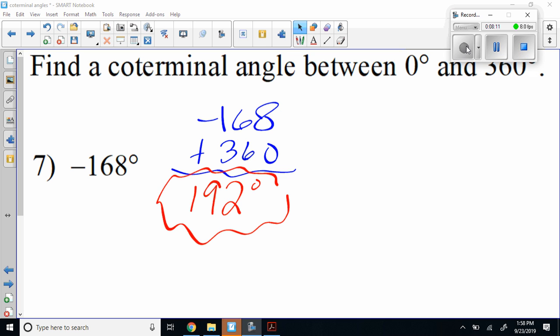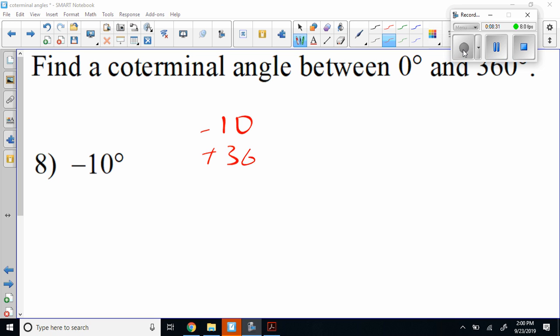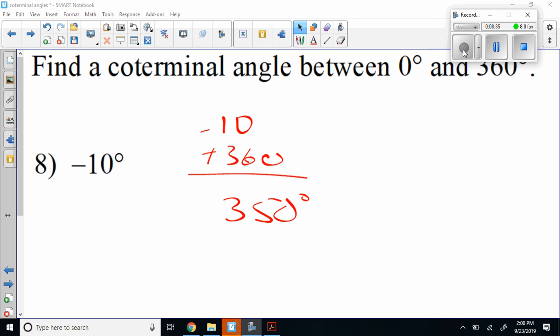Let's do one more of the negatives, then we'll jump into radians. That's when the fun begins, right? Okay. Go. Number 8. Negative 10. What do we do? Add. Negative 10 plus 360 is how much? 350. Okay, can I stop right there?